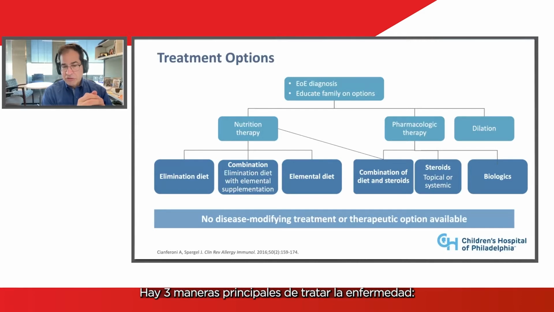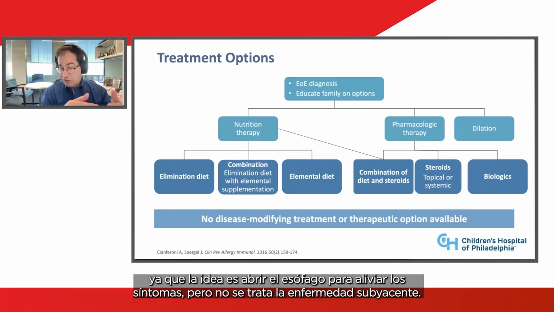There are three basic ways we treat the disease: nutritional therapy, pharmacological therapy, and dilatations. Dilatations are really an acute fix and not meant for chronic treatment, because they only open the esophagus and help acutely with symptoms, but don't really treat the underlying disease.